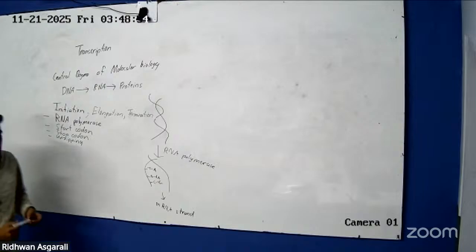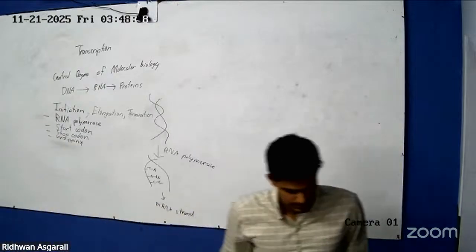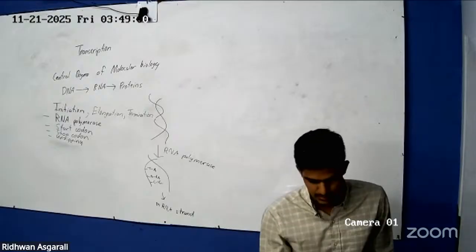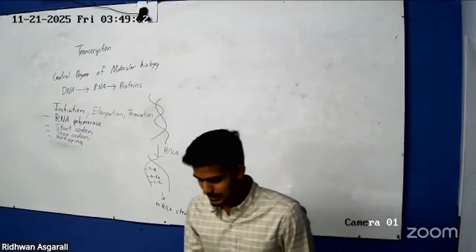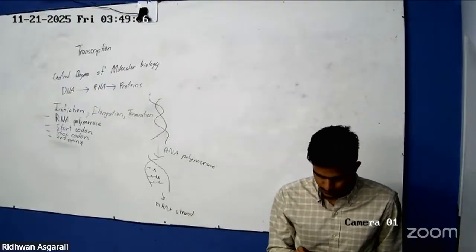Okay. So the next one is elongation. All of this is in the handout, just probably not in as much detail.